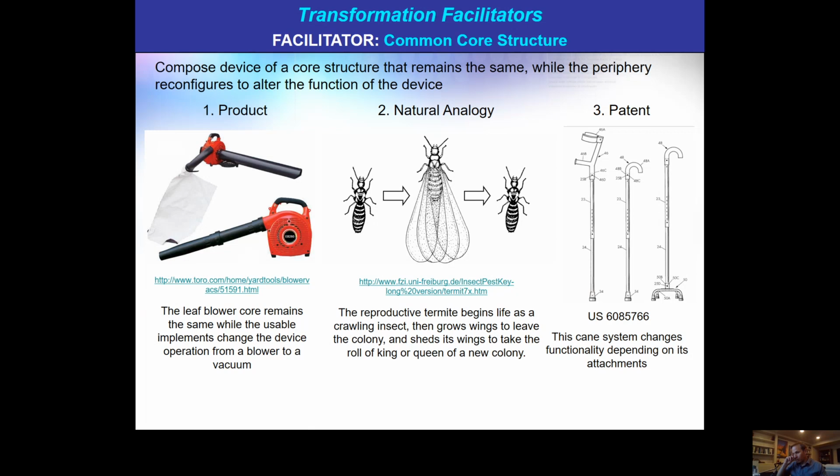Another good example of a common core structure transformer is the cell phone. Now, you might look at that. That's my family on the Tetons. You might not think of a phone as transforming because it doesn't physically change its shape. But what we have here is a common core that facilitates the use of multiple apps.